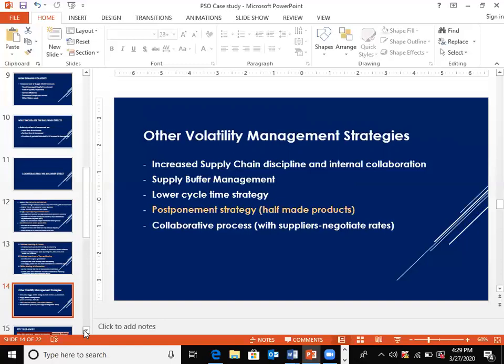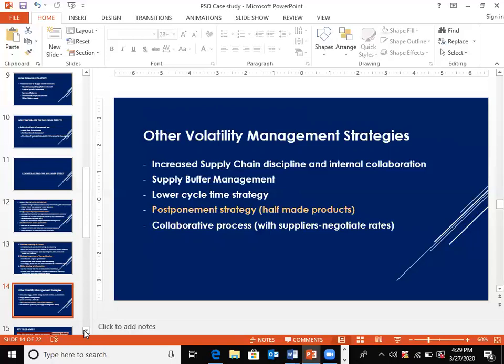Lower cycle time strategy: you want the process to be as efficient and effective as possible. Another method used to reduce supply chain volatility is postponement strategy. I have discussed this in previous lectures, but just to give you an example, the goods are not kept in inventory finished.